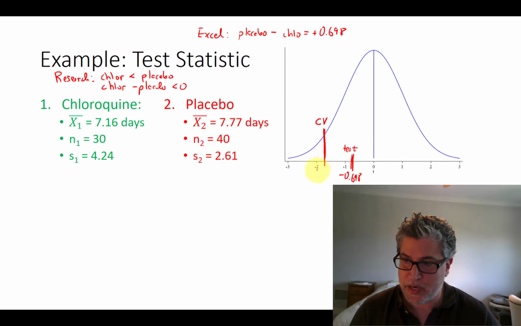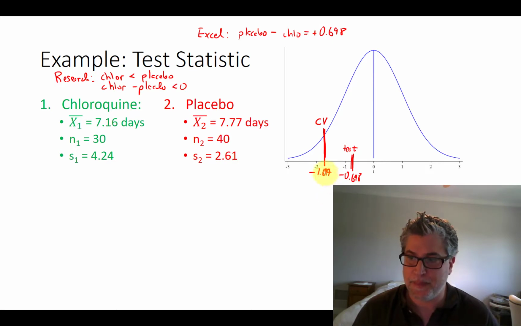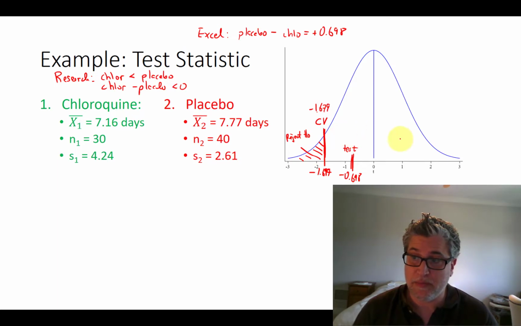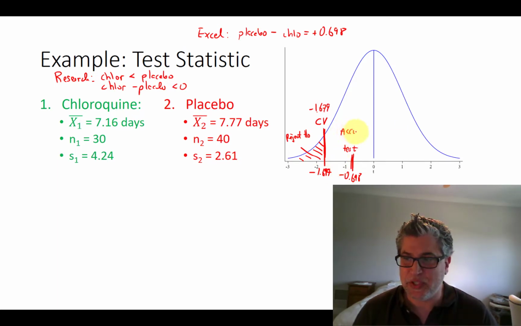So, yep, right there, negative 1.679 is our critical value. We would reject the null here. And then we would not reject the null here. Our test statistic is in the acceptance region.